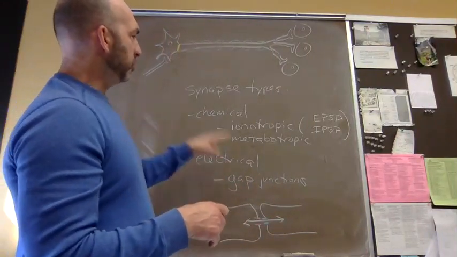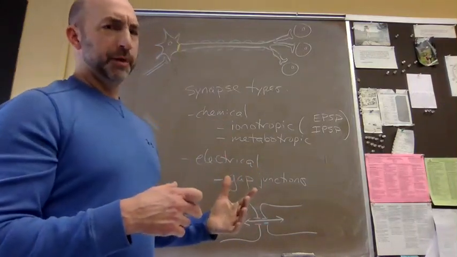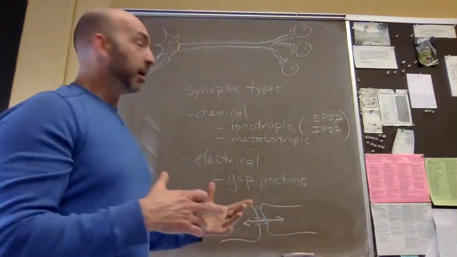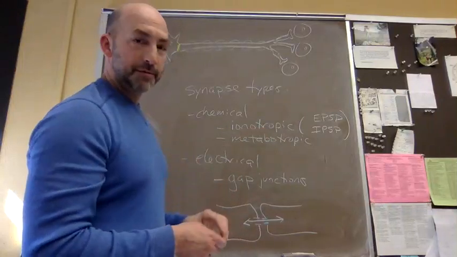Now let's go back to the ionotropic, again, because that's probably the largest, most common group that people talk about. Not that the others aren't important, but these guys are found in more places. And so let's talk about how an ionotropic synapse functions.